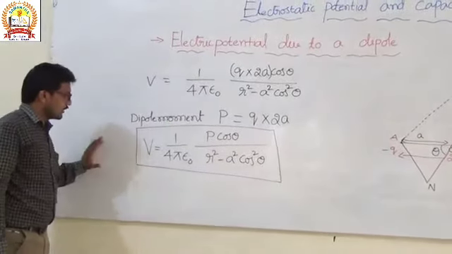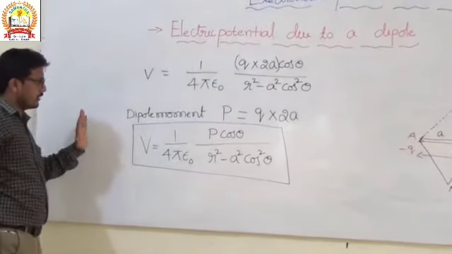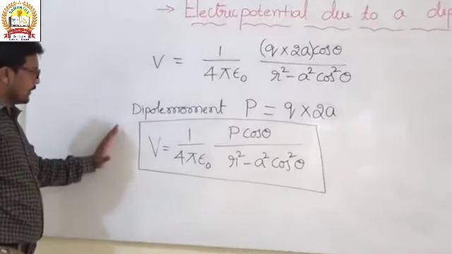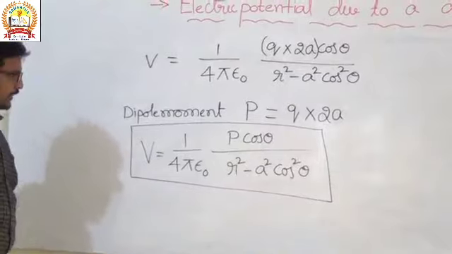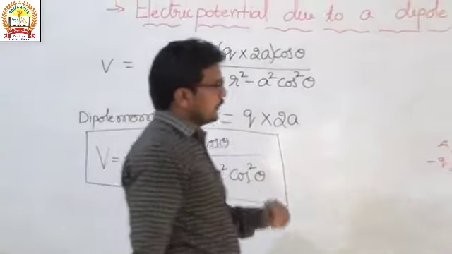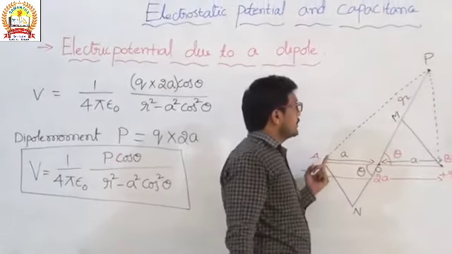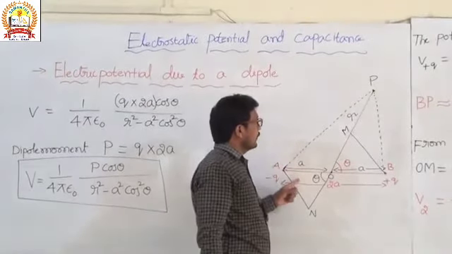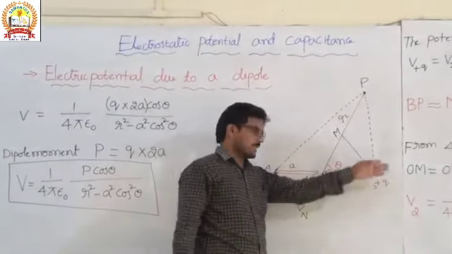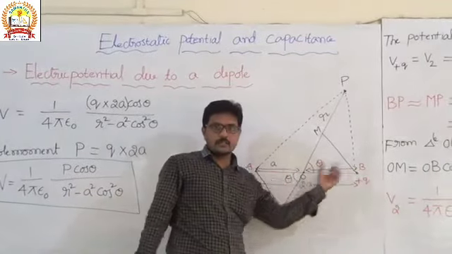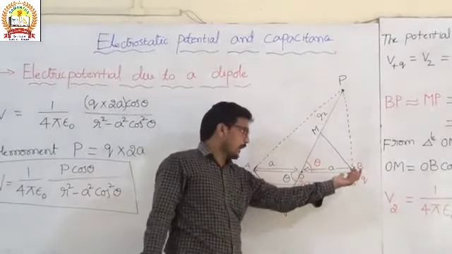And here we have the special cases of electric potential due to a dipole. For example, we want to find the potential due to a dipole when the point is on the axial line. The point is on the axis, that is the dipole axis.